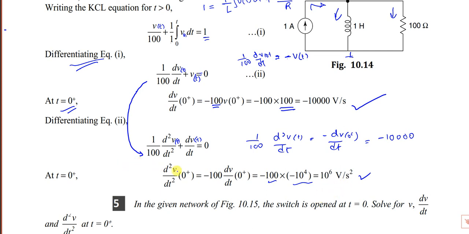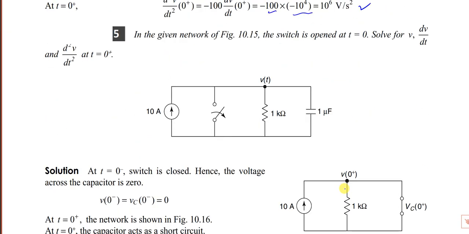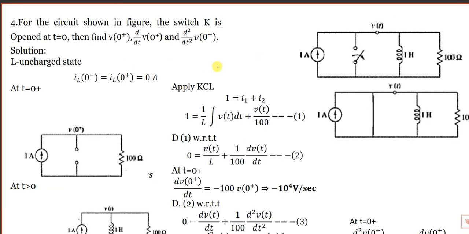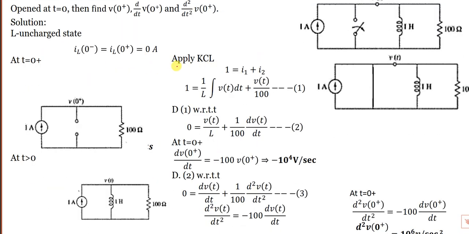It is d²v, not v square, by dt square; t square means second square. The same problem is solved again. The initial current in the inductor is 0.